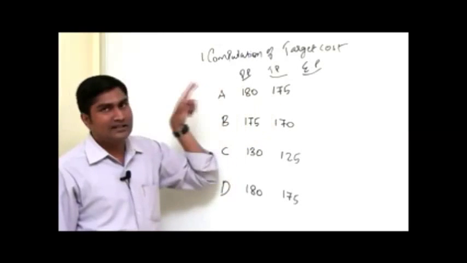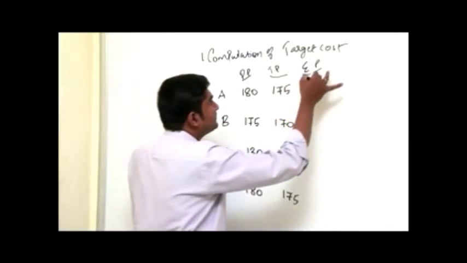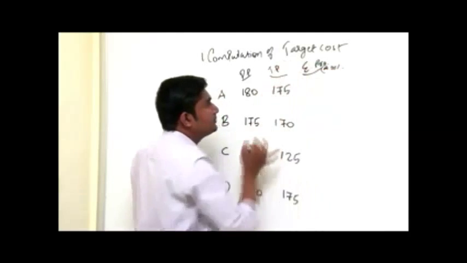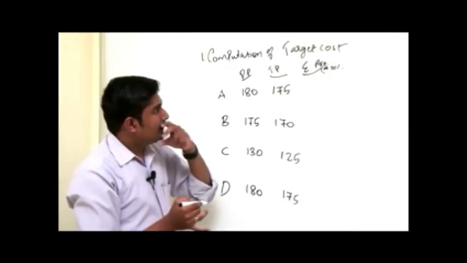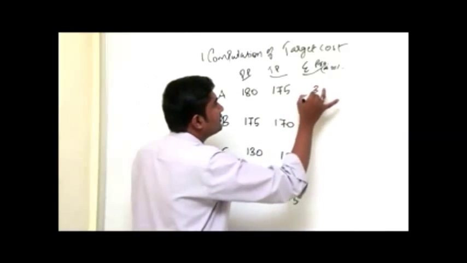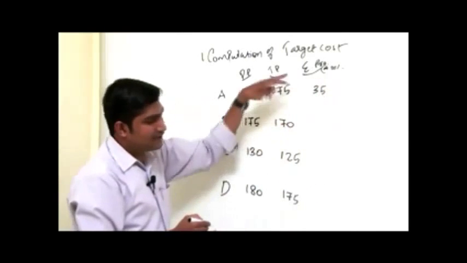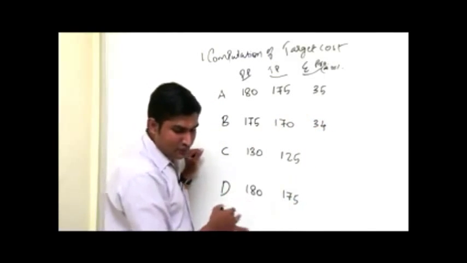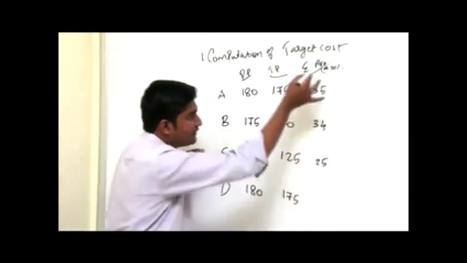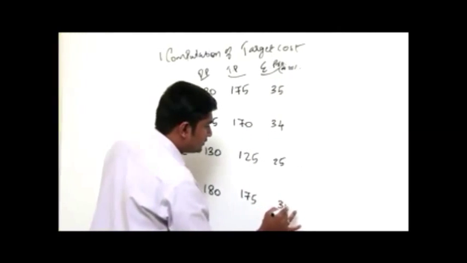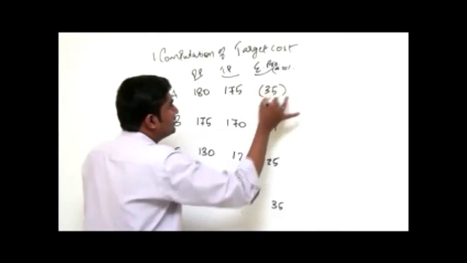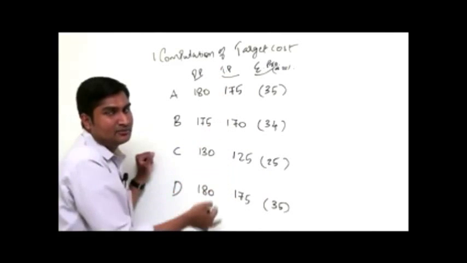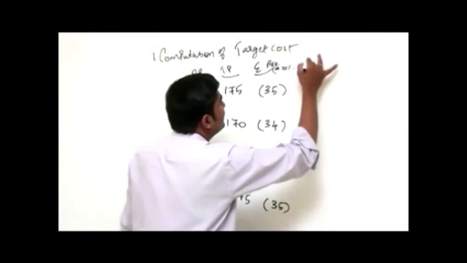So the expected profit is at the rate of 20% of the targeted selling price. 175 into 20% would be 35. 170 into 20% would be 34. 125 into 20% would be 25. 175 into 20% would be 35. So this is the price, and this is the profit expected. By reducing this expected profit from the selling price, we can calculate the targeted cost.